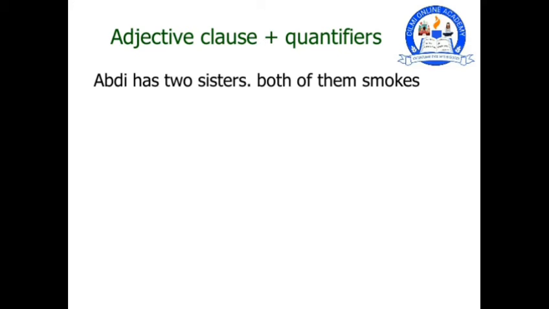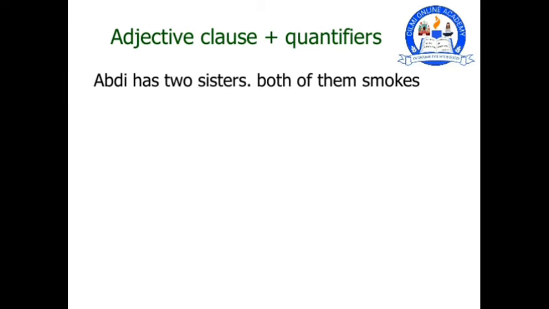If you know about adjective clauses, there are two types, identifying and non-identifying. Non-identifying means extra information. And if you remember, adjective clauses with quantifiers are always non-identifying, meaning extra information.